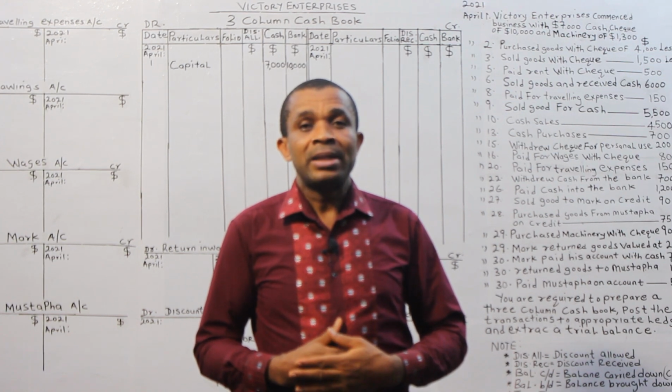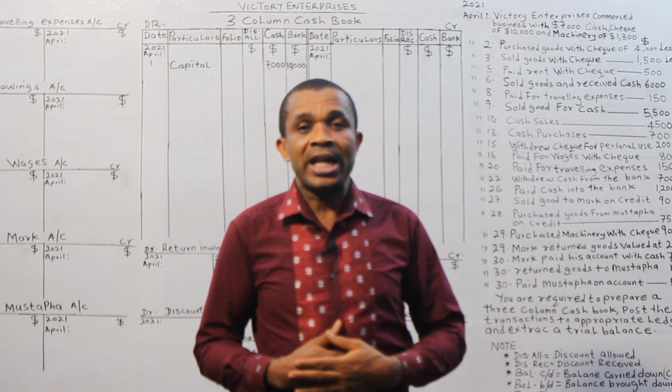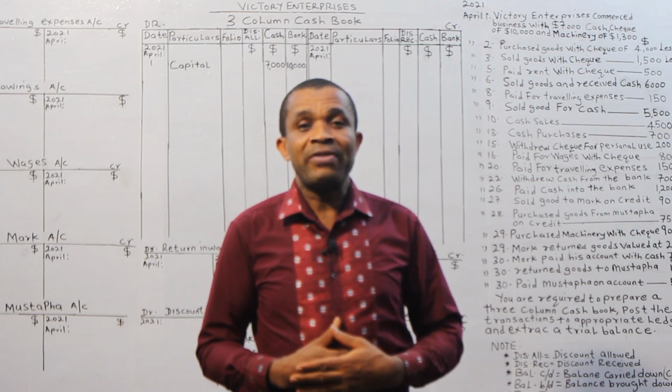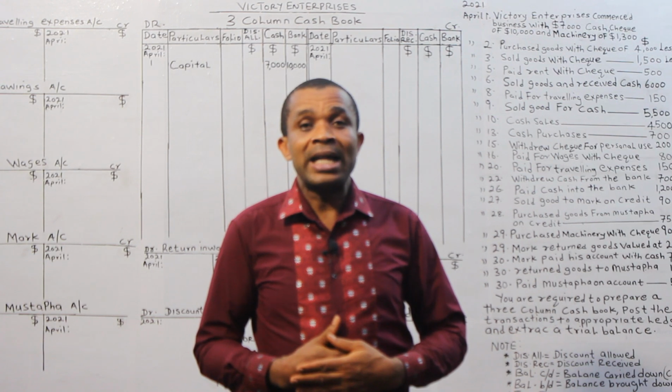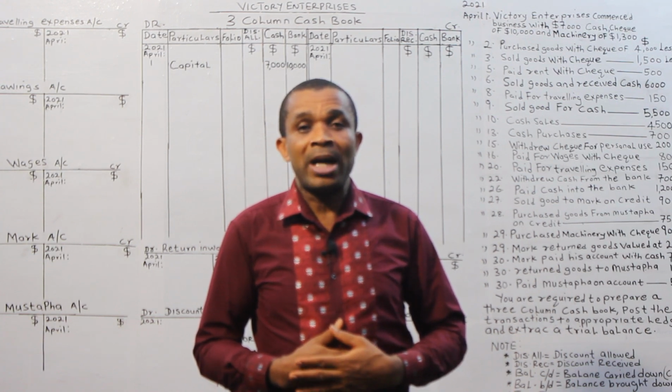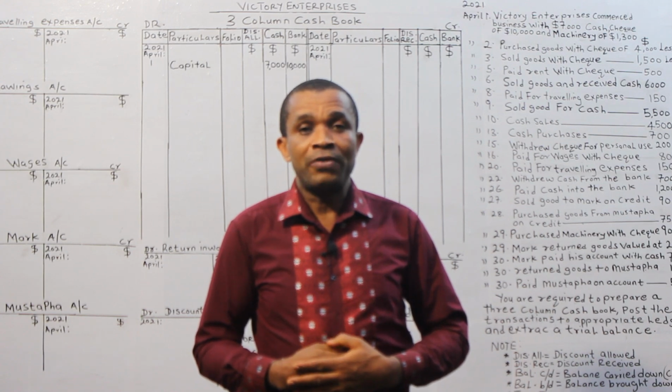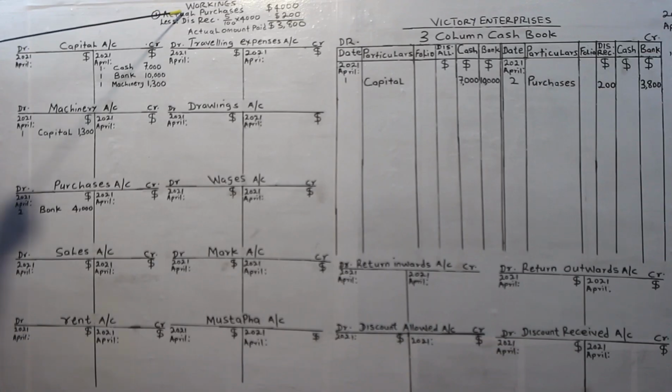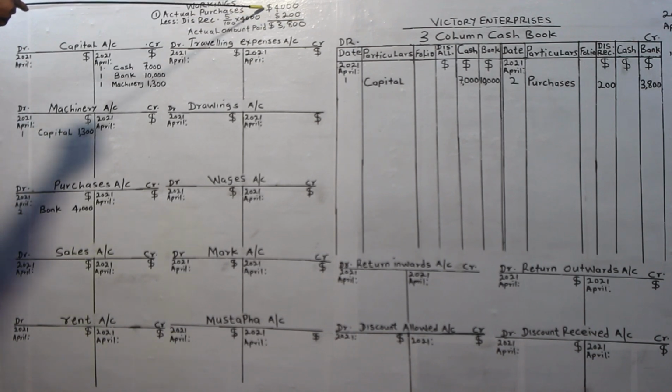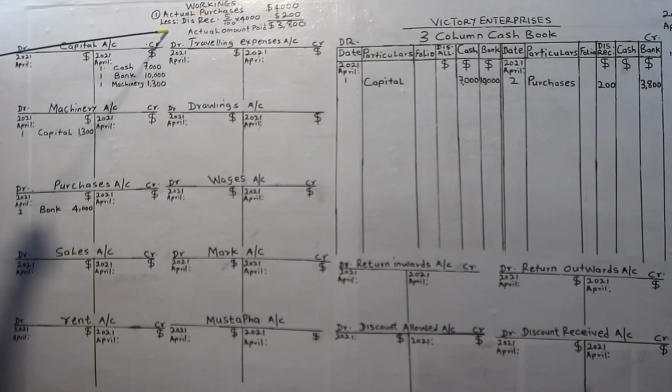And remember that when we purchase goods with check, the cashier or the cash book will be credited for giving out cash for purchases, and the purchases account will be debited for receiving such amount for the purchase of the goods. So workings 1, actual purchases is $4,000 with less discount received or purchases discount, that is 5% of $4,000.